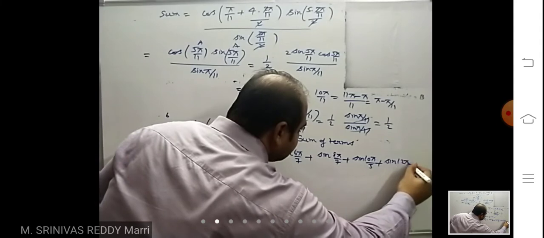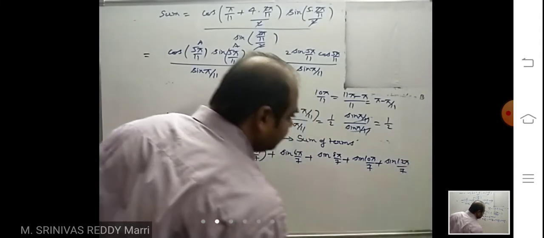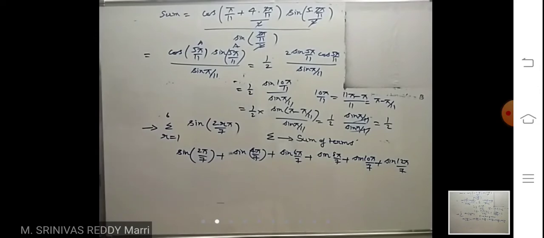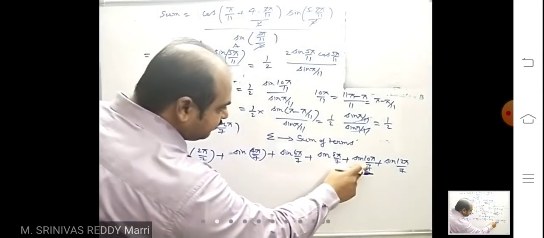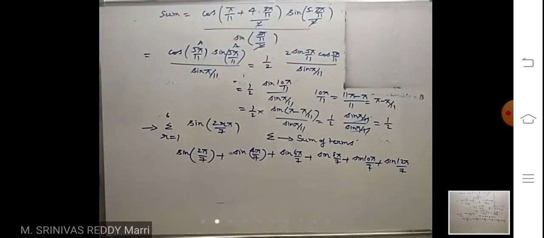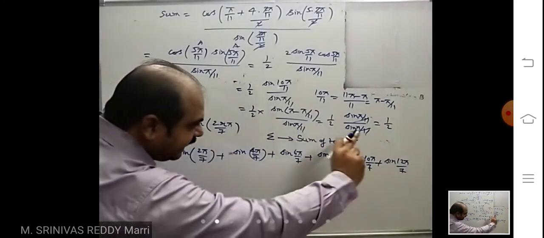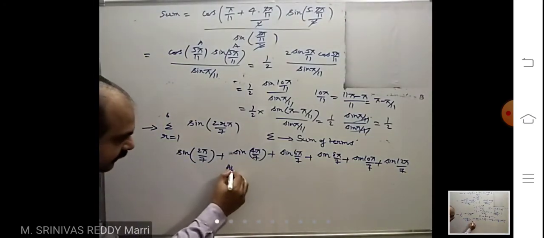Whenever sigma is there, you substitute that r value, then you will get the terms. R equal to 1, r equal to 2, r equal to 3, r equal to 4, r equal to 5, r equal to 6, and then add all the terms. That sigma is called sum of terms. Now if you look at this angle, this angle, this angle, all the angles are in AP. You have to observe.